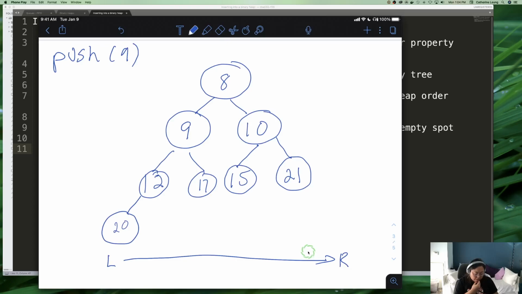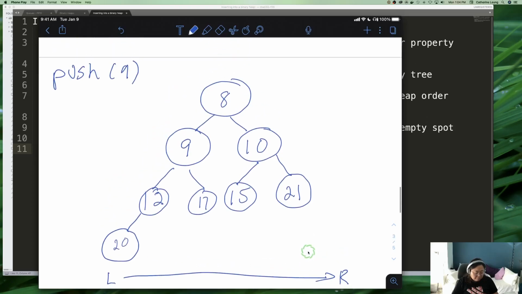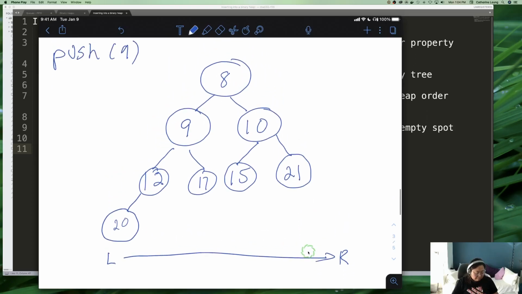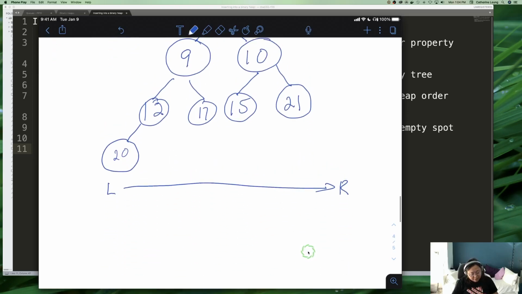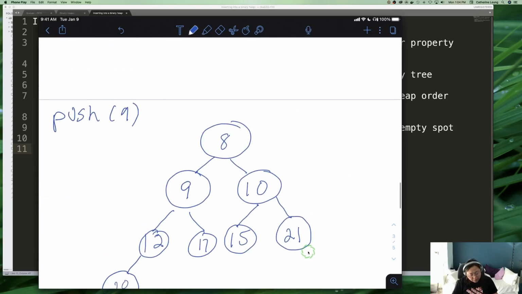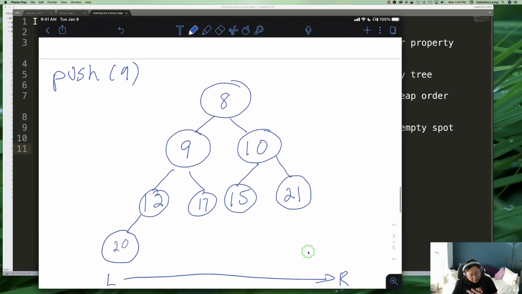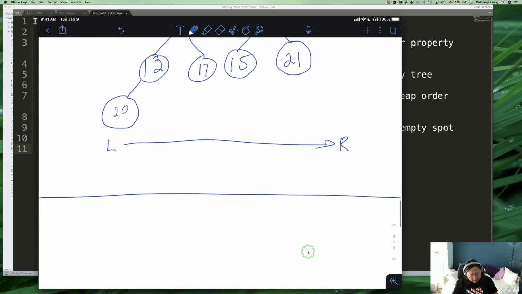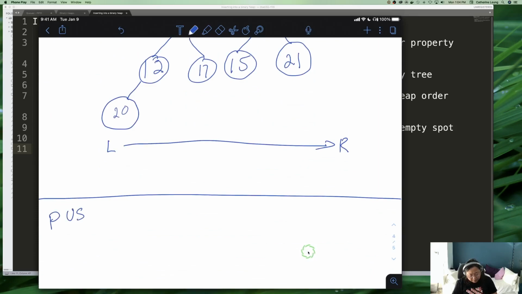So next one we're going to put in 7. Oh, actually no, let's put in 5. So we're going to do 2 more, and then I'll give you sort of a quick summary test at the end. So we're going to push 5 first.